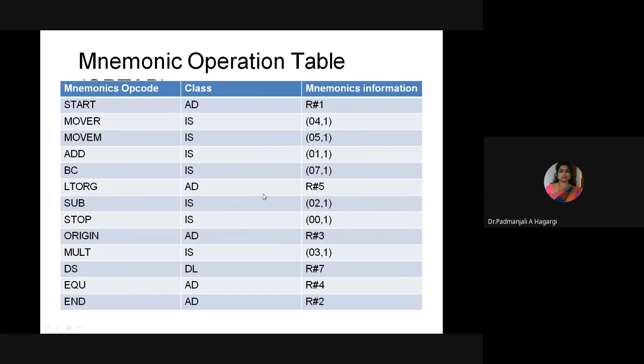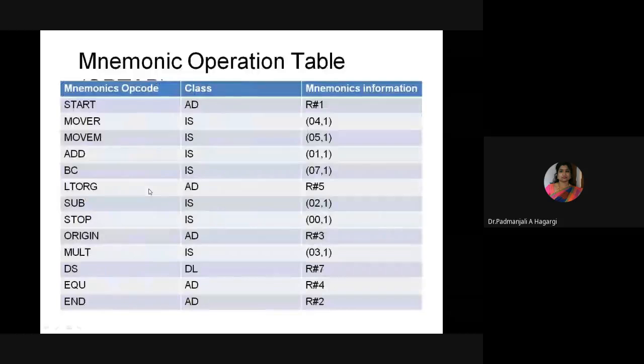After the control of the program, next it is the LTORG, the literal origin. Where does the literal origin of the program begin, and what are the different literals of the program? Here we have 5 and 1. So this part goes to the fifth routine of the program.